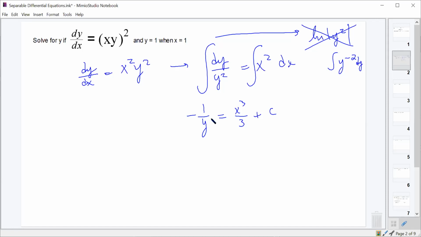But I think it's easier to find your constant right away. So if we plug in 1 for y, that should give us -1. And if we plug in 1 for x, that should give us 1/3 plus c, giving us c equals what? -4/3? Everybody good with that?